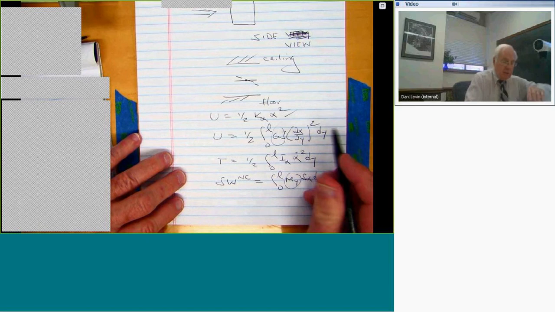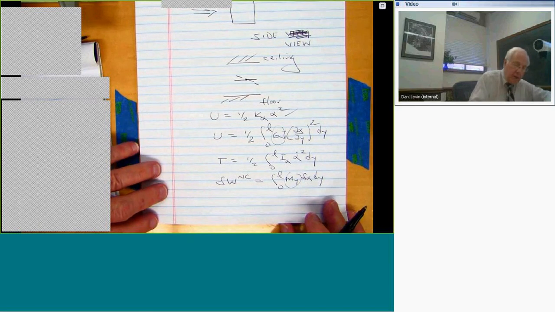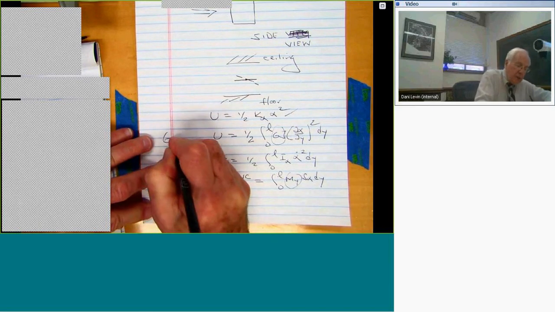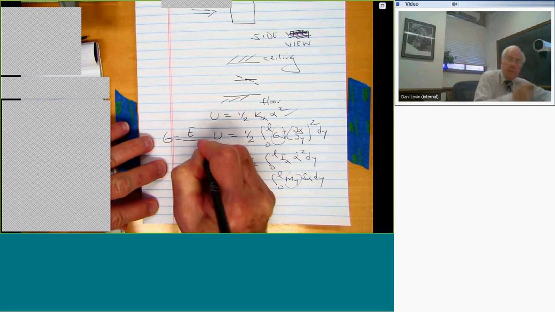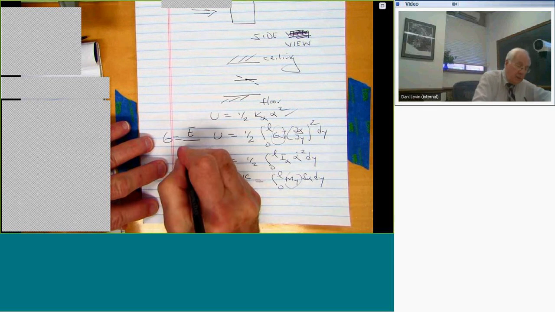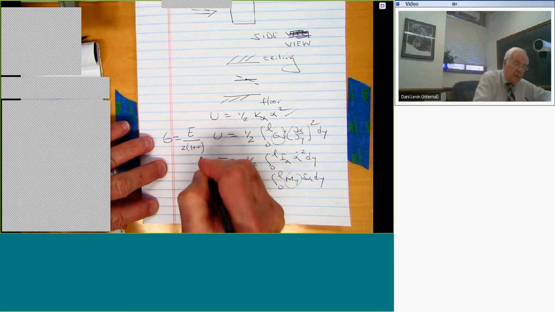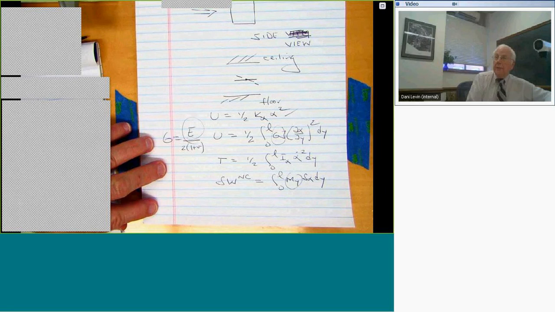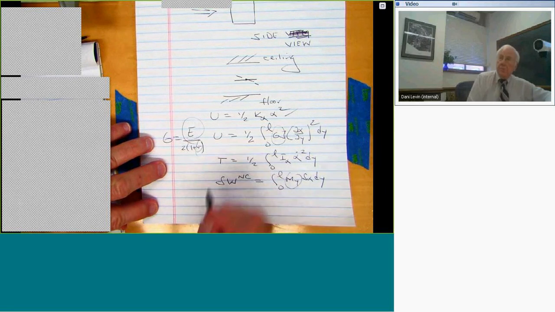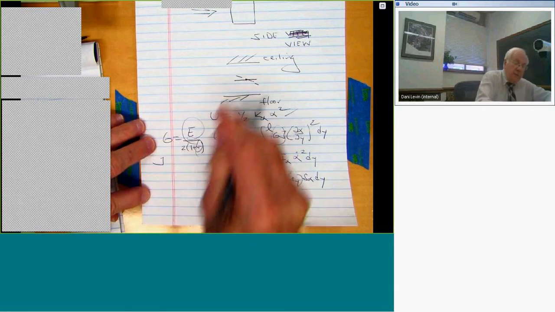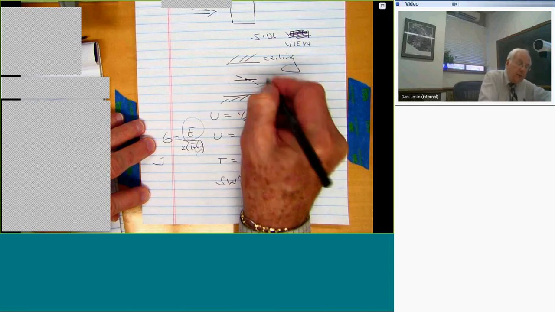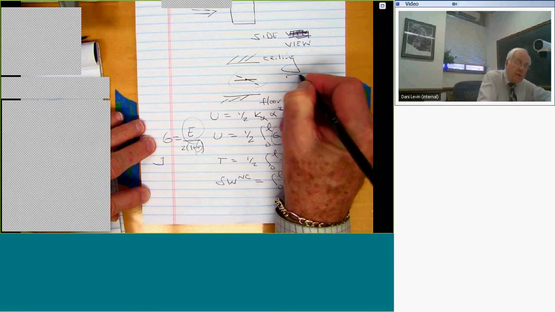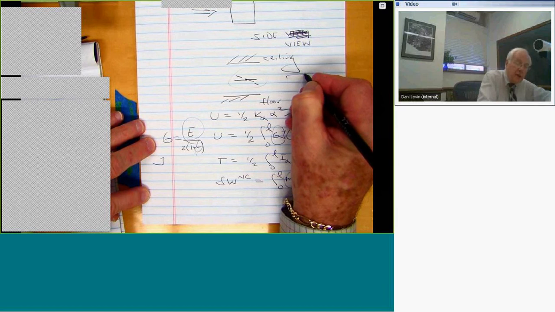For those of you who don't remember what that looks like, let me point out to you what G is. Well, someone check me on this who remembers strength of materials. I think it's E over 2 times 1 plus nu, where this is the usual modulus of elasticity, and this is Poisson's ratio, right? And J, if I blow this up a bit, it's thin, but it's not that thin.